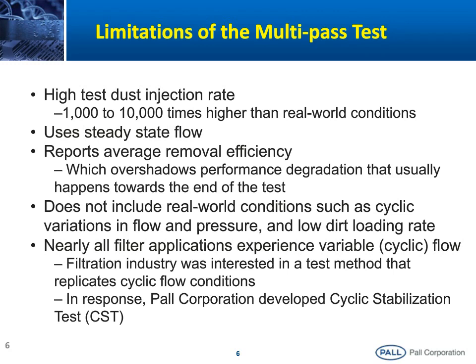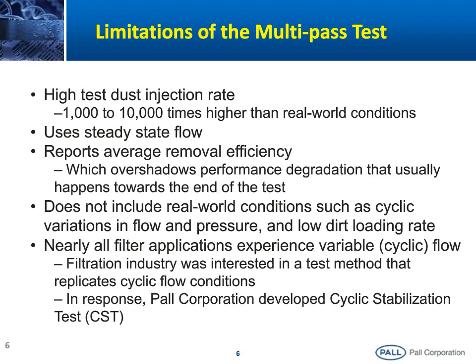Secondly, the test uses a constant flow rate, which is not the case in real life. Especially in hydraulic systems, the flow varies widely. Even in loop systems, there can be frequent starts and stops, resulting in flow changes. Thirdly, as I mentioned before, the multi-pass test reports the average removal efficiency.